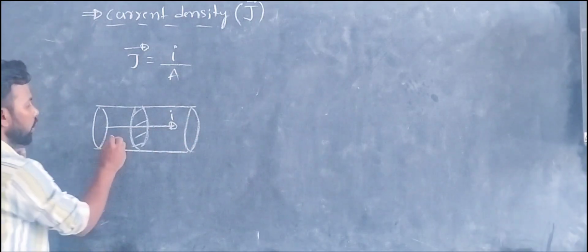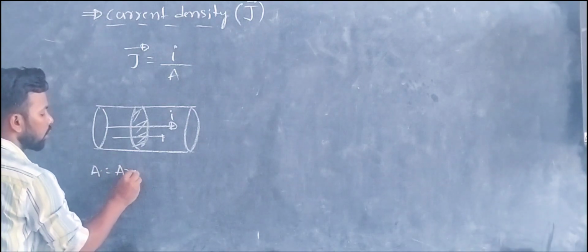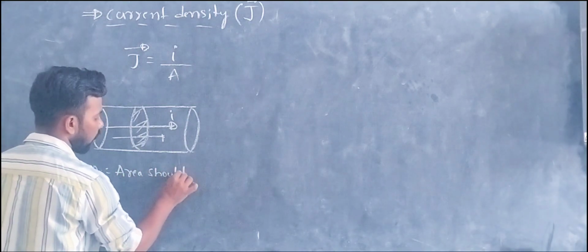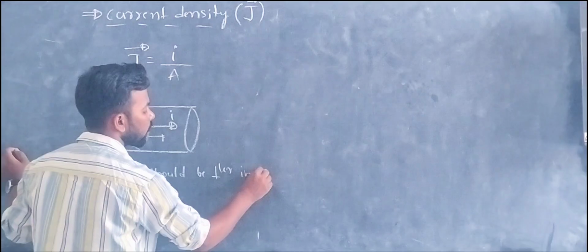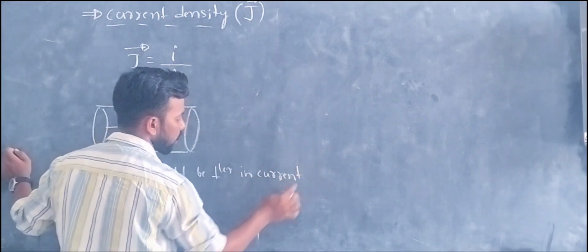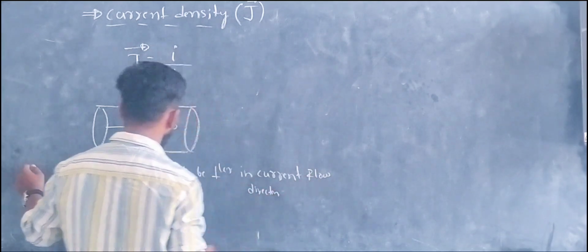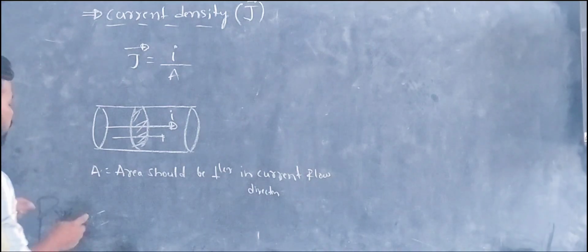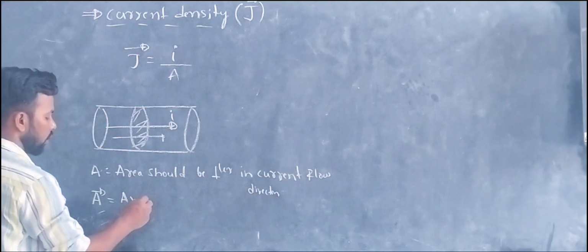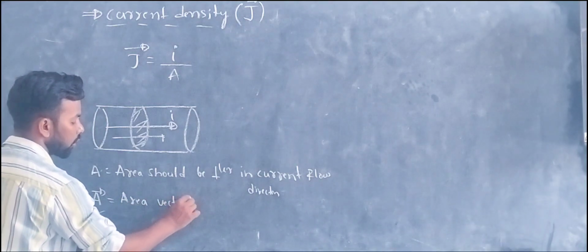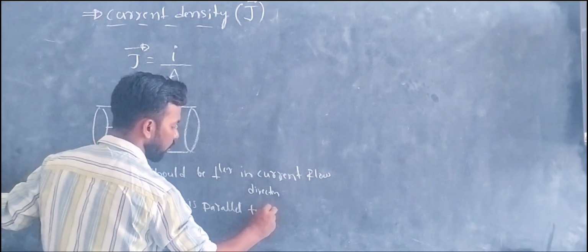The area should be perpendicular to the current flow direction, and the area vector is parallel to the current flow.